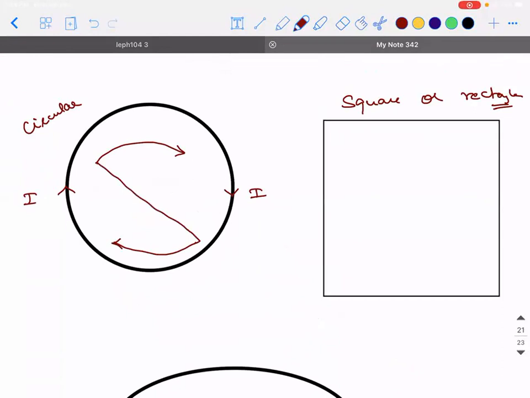So when the current is flowing in any loop in the clockwise direction, we are facing the south pole.